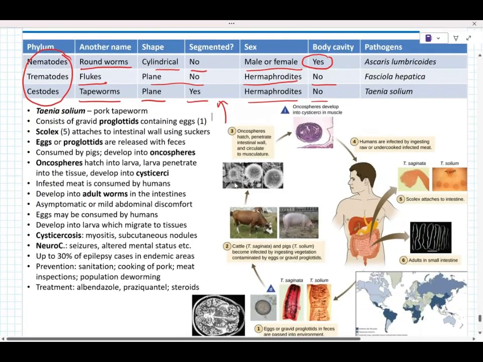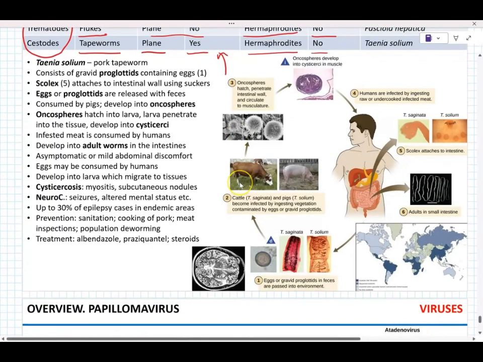And my favorite of all helminths, I'd say, is a pork tapeworm, Taenia solium. So this is what its life cycle looks like. It's actually quite fascinating. We start with either an egg or a fragment of a tapeworm called a proglottid in the soil.